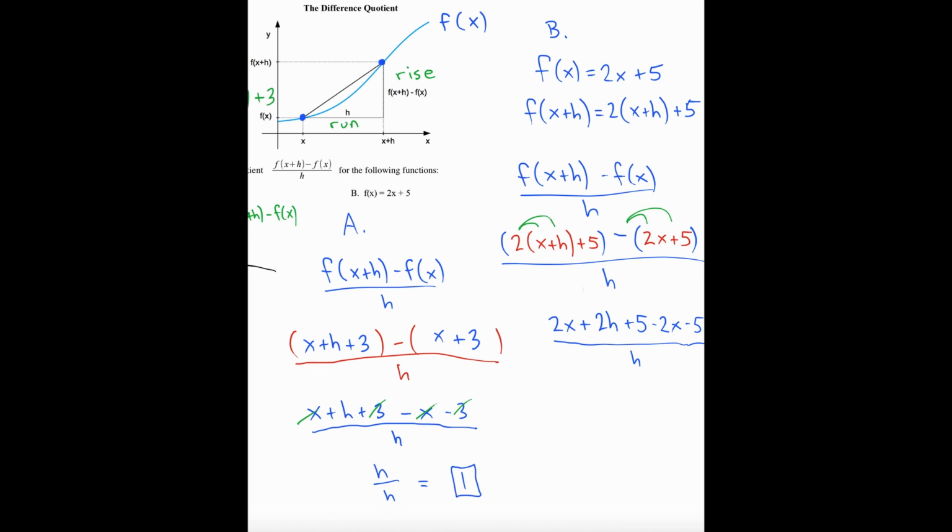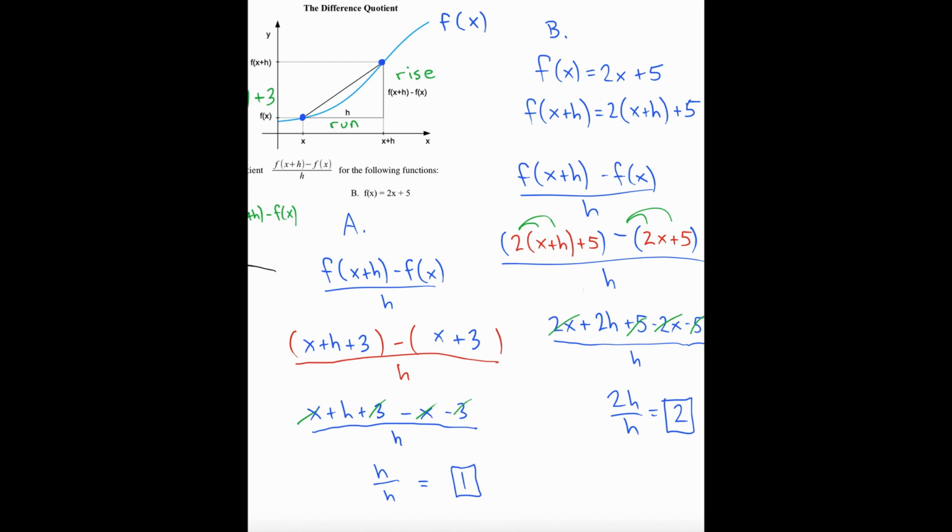All right, so some things cancel: 2x and negative 2x, 5 and negative 5. And what are we left with? 2h over h, which is, of course, 2.